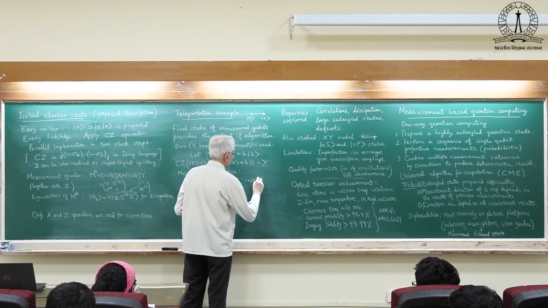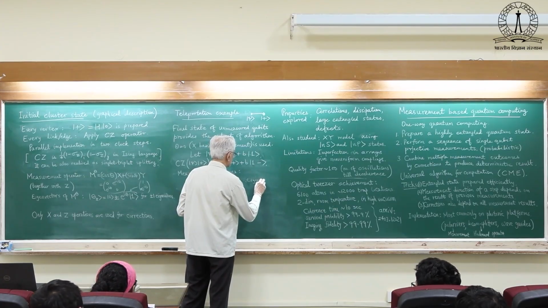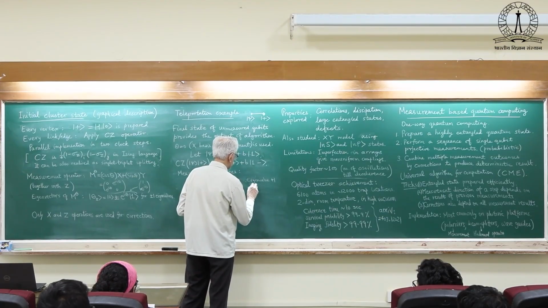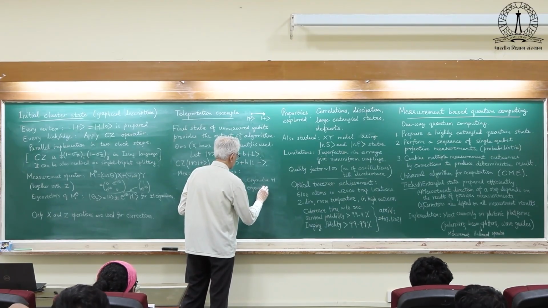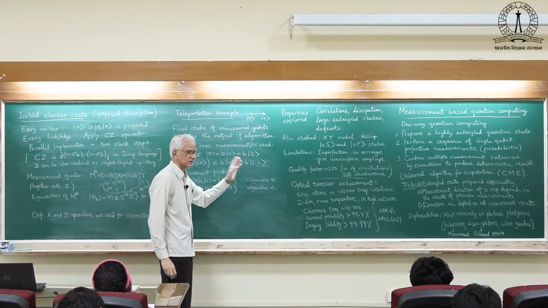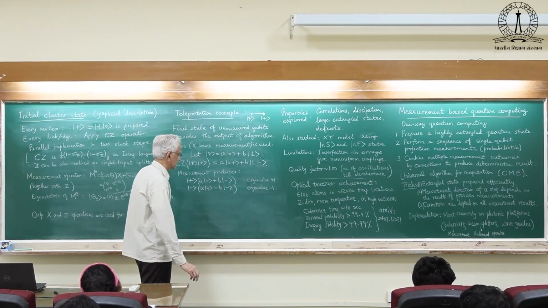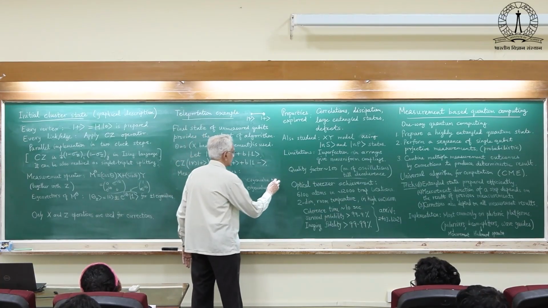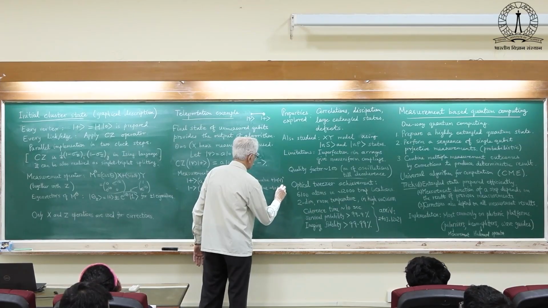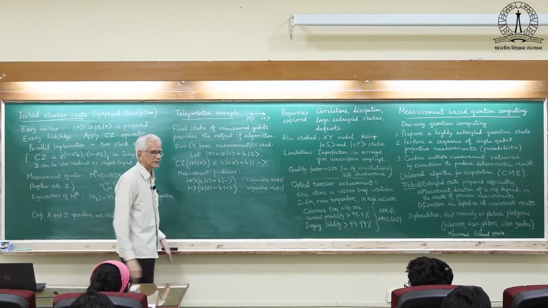What is it? This is plus 1 and this is minus 1, one eigenstate and the other eigenstate. I call it plus 1 and minus 1. You can call it 0 and 1, it doesn't matter, whatever it is. Or this is minus 1 raised to 0, this is minus 1 raised to 1. Okay, we want a binary language, that is the trivial mapping.